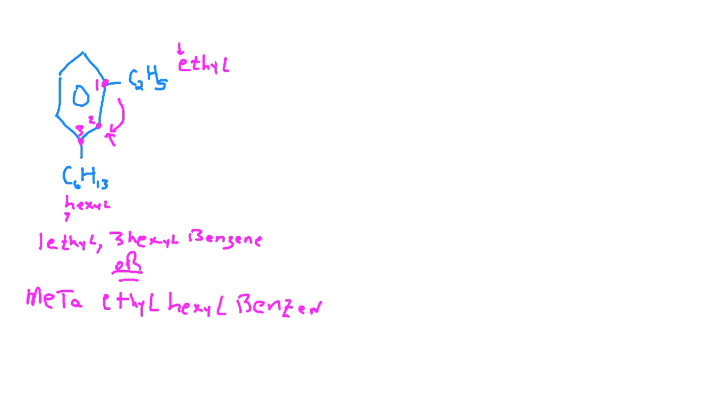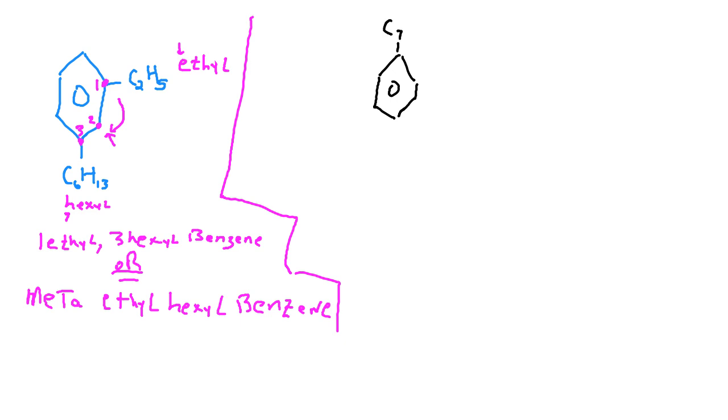I'll do another one of these examples. Hopefully this is helping. Let's do our benzene first. Up here I put a C7H15, that's a 7. And suppose here I put a C3H7.